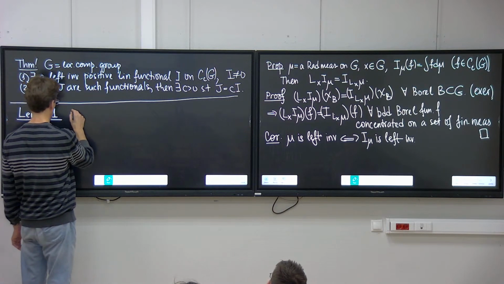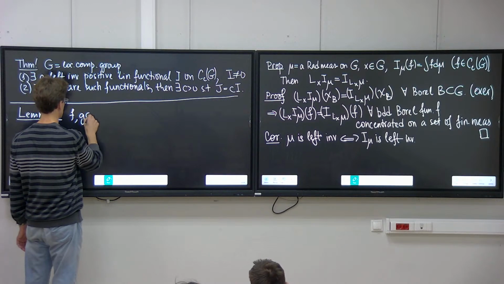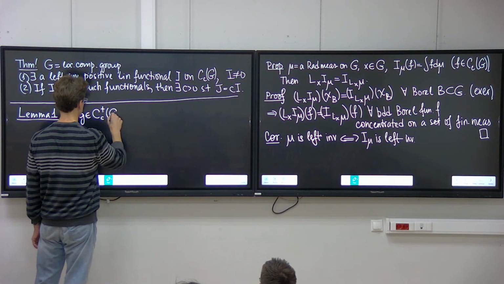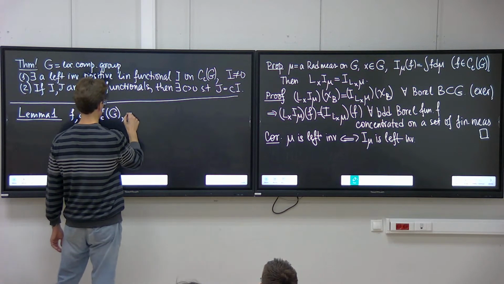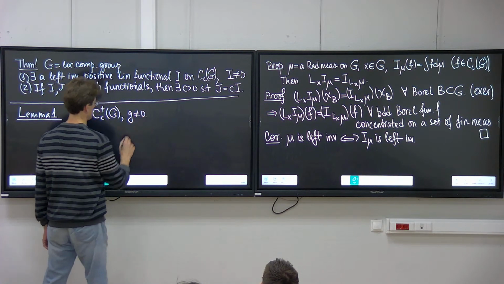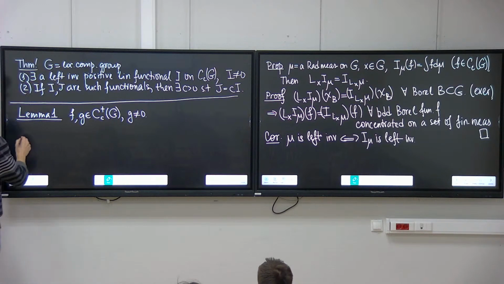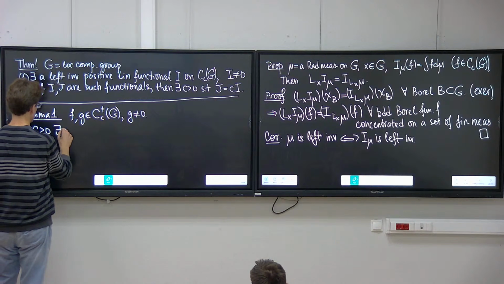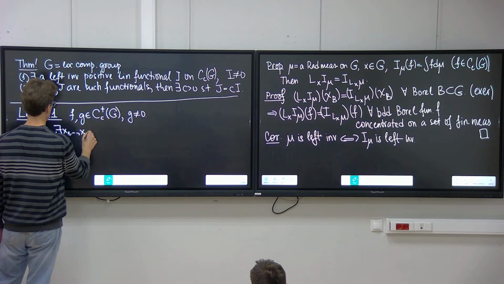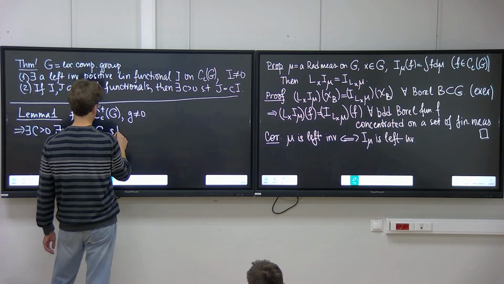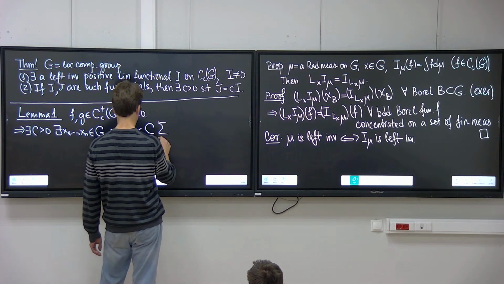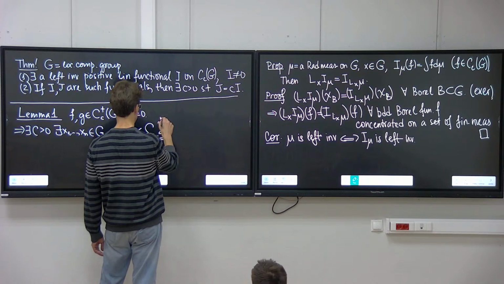Suppose that f and g are two non-negative continuous compactly supported functions on G, such that g is not identically zero. I claim that there exists a positive constant c, and there exist finitely many points x1 to xn in G, such that f is dominated by the sum of the respective translates of g.